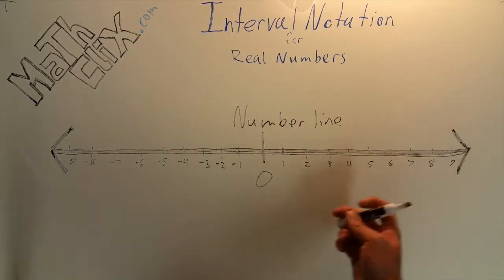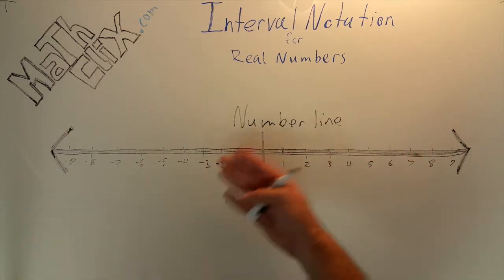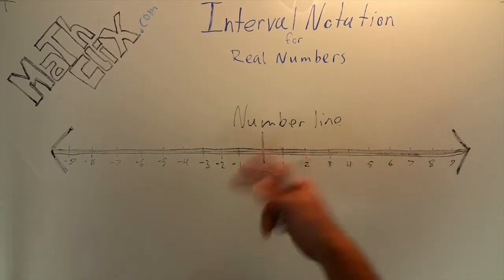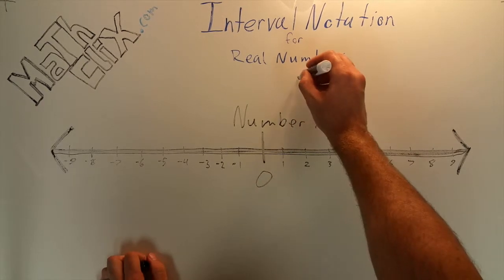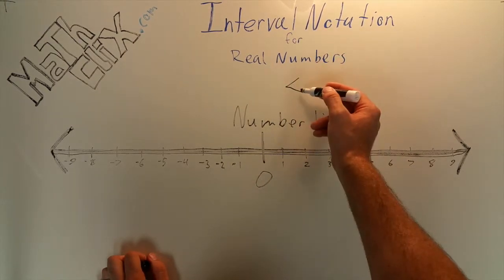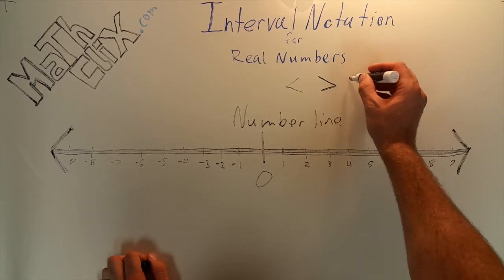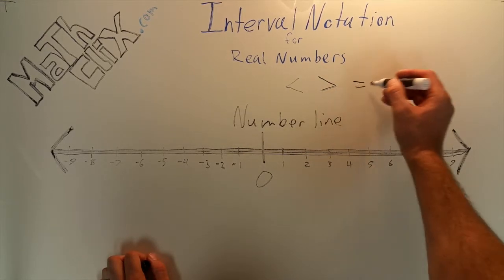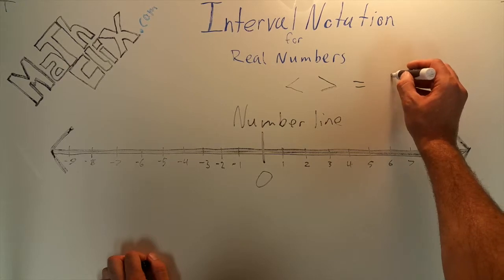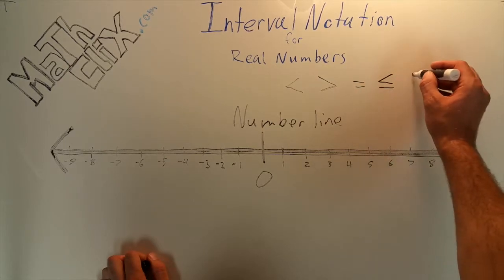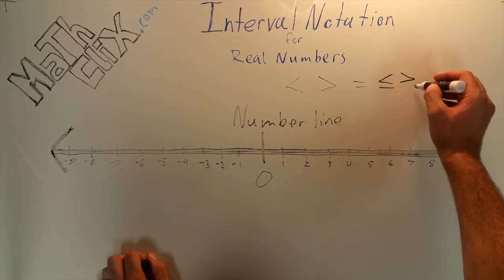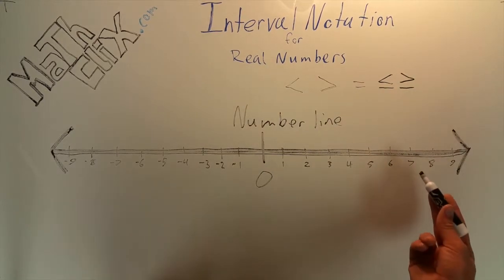The way we can differentiate the difference between numbers is with these little signs called less than, greater than, equal to, or less than or equal to, and greater than or equal to.